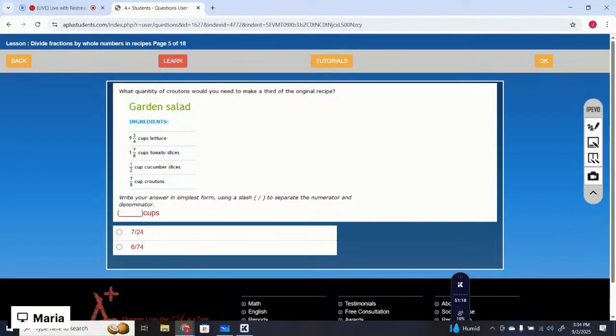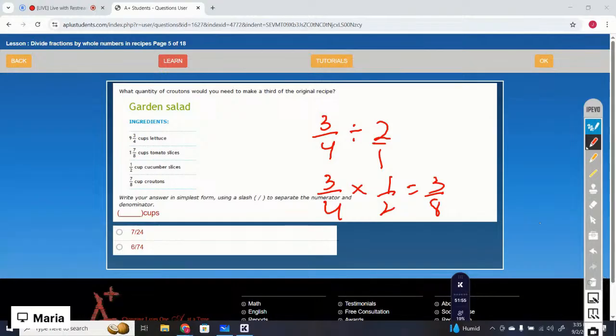What quantity of croutons would you need to make a third of the original recipe? So in the given recipe, 7 over 8 cup of croutons, right? Divided.